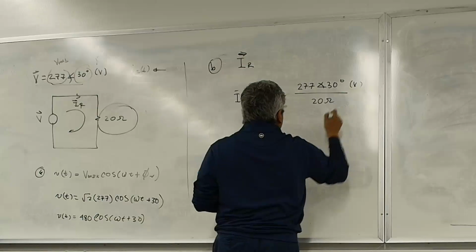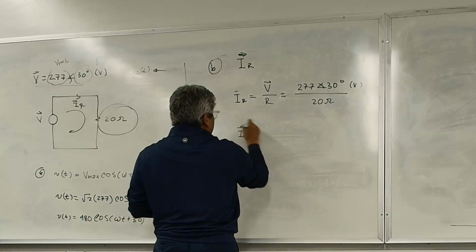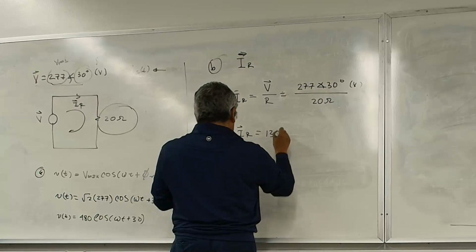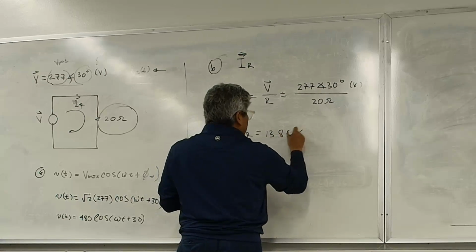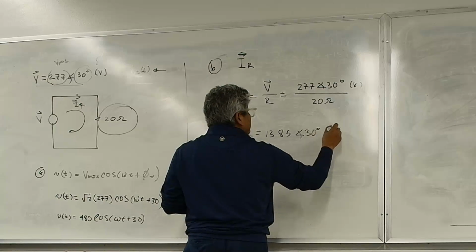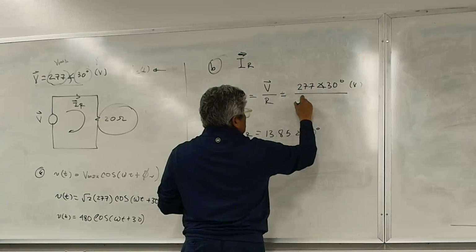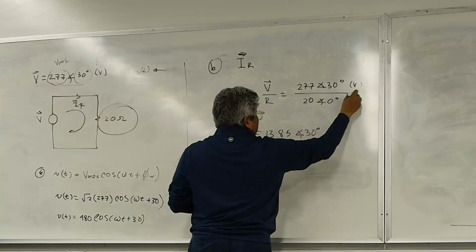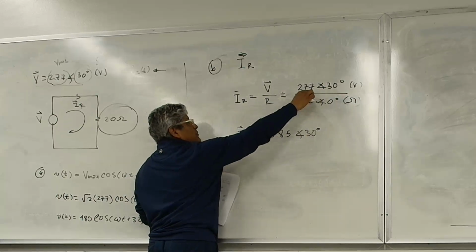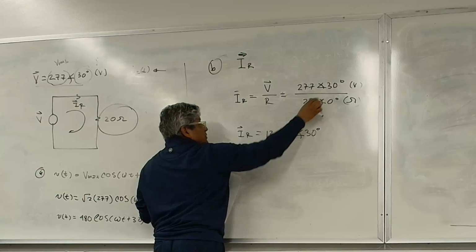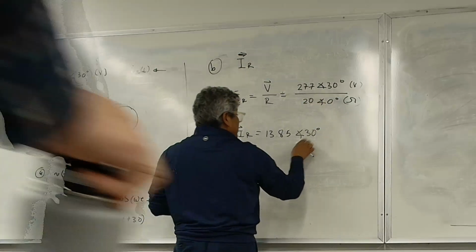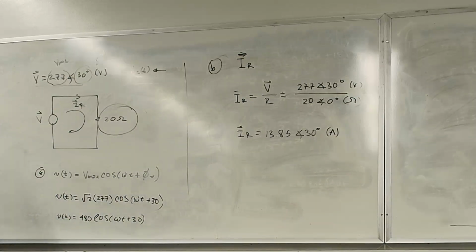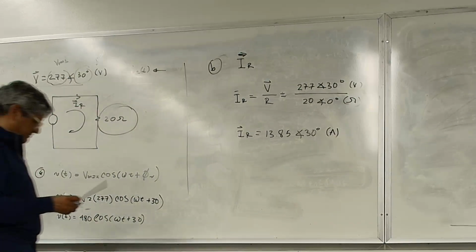This is volts. Then IR phasor is equal to 13.85 angle 30 degrees. If you enter in polar form 277 angle 30 divided by 20 angle 0, you get that, in amps. Does it make sense? Of course, because it's a resistive circuit, the voltage and the current are in phase.